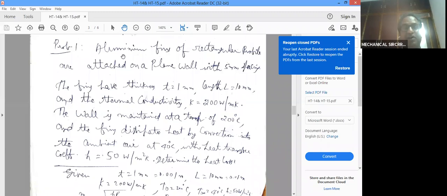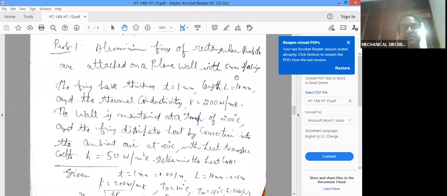But before that, analyze the problem. All of you read the problem and analyze. Aluminum fins of rectangular profile, so the cross section is a rectangle. It has some width b, thickness t, and length L. Material aluminum. The fins are attached on a plane wall, that is a cylinder wall or engine cylinder wall, with 5 mm spacing.